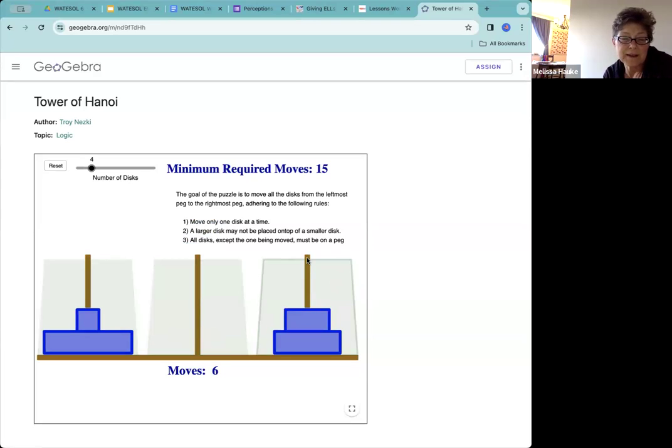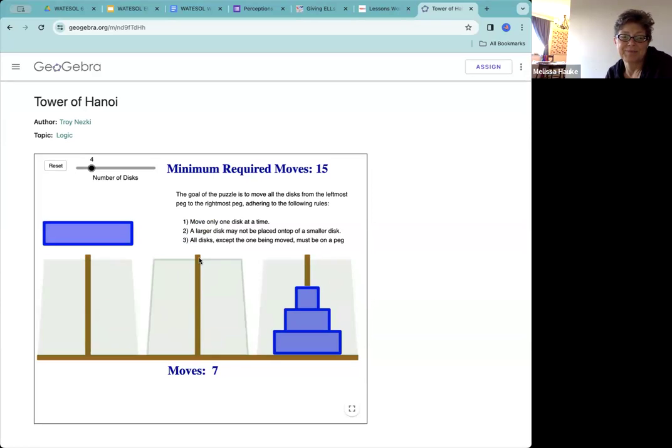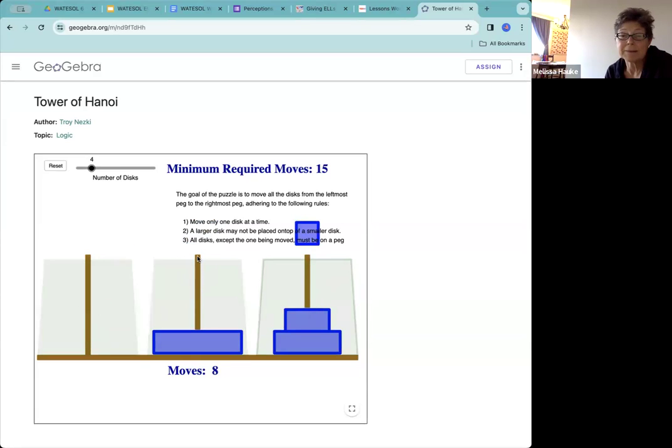And the small one now goes to the right. It's probably going to be more, but all the way over. And now you can move that big one. You might move the small one to the middle. I don't know. And then the next one all the way over.